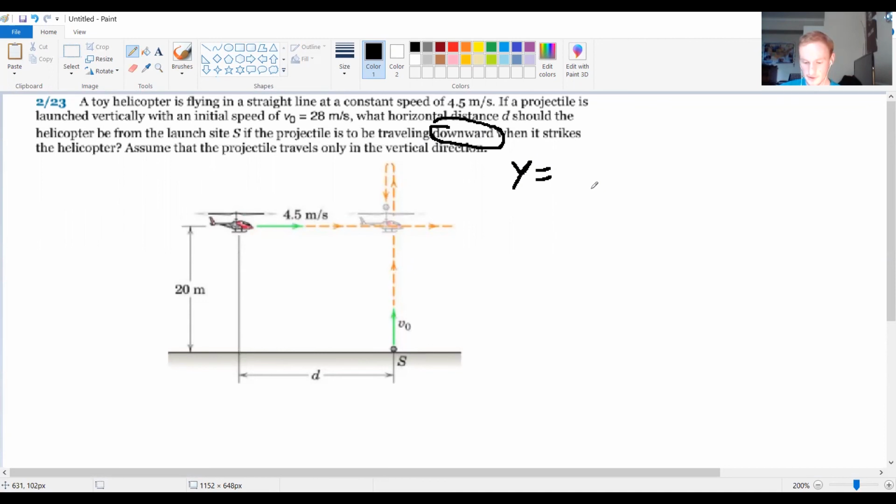So in the y direction, we got y. And then we're also going to label that the gravity is negative 9.8 meters per second squared, just so we all know. I'll put that over there. All right. Go back to this. All right.